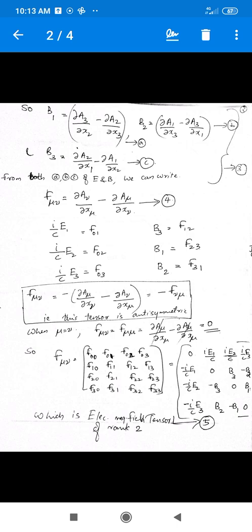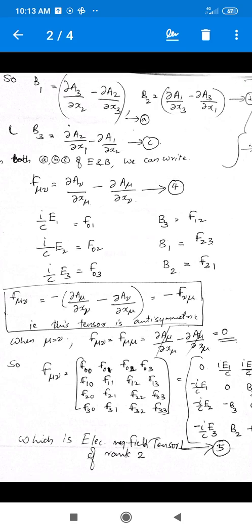Now let us just interchange the subscripts there. F mu nu, we just take minus out, and it will be minus of dou A mu by dou x nu minus dou A nu by dou x mu. That means minus of F nu mu. So this tensor is antisymmetric. You can prove like that.